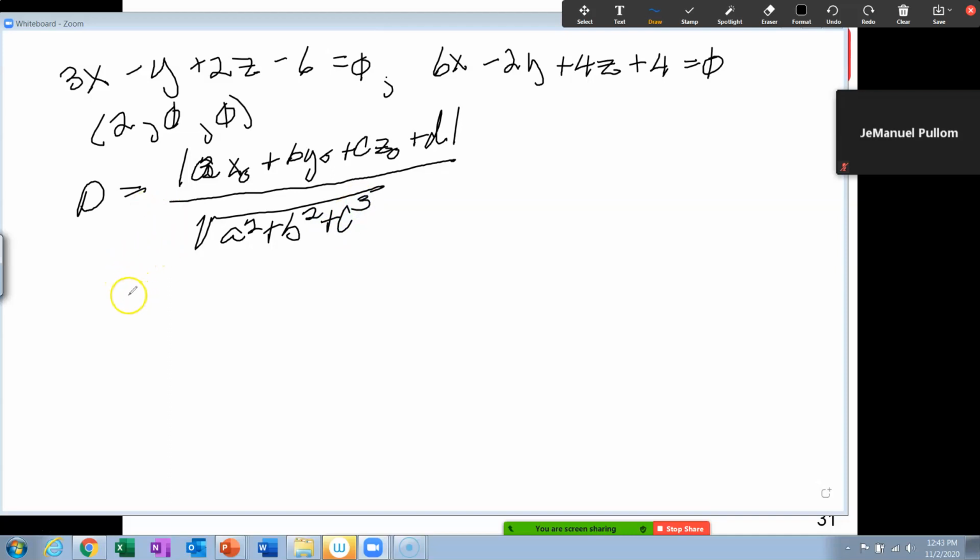So what do we use here? This is our A, B, C. Here's our point x0, y0, z0. The point that's on this plane but not on, let's see, did I say it backwards?